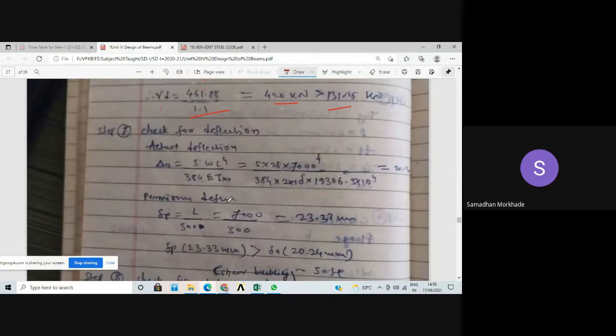So 25 is the UDL, kilonewton per meter, and Newton per mm is the same. Just you try. Multiplied by L, which is 7000 raised to the power 4, divided by 384. E is 2 into 10 to the power 5 Newton per mm square, into Ixx. So that will give the deflection, 20.11.